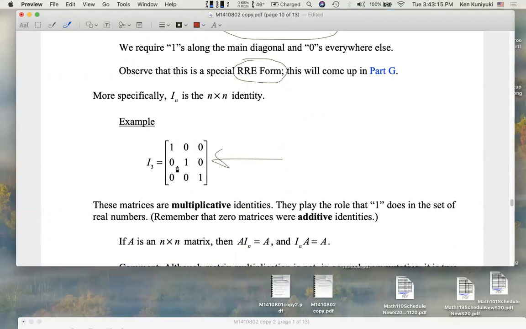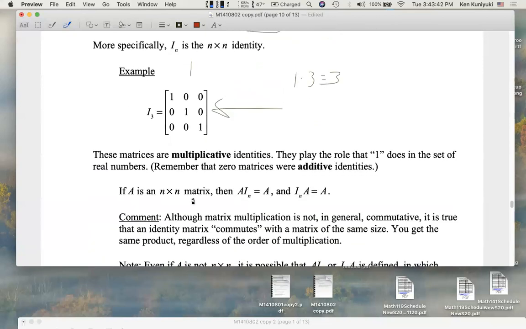In this case, if you multiply this matrix by any compatible matrix on one side or the other, meaning that the matrix sizes work out when you do products, then you're going to get the other guy. So in that sense, it acts like 1. Multiply by this, you preserve the other guy. Just like 1 times 3 is 3. Play with it, see why that is.